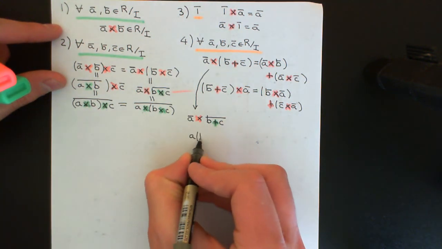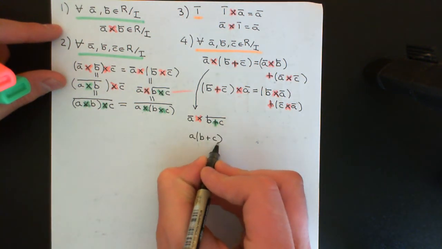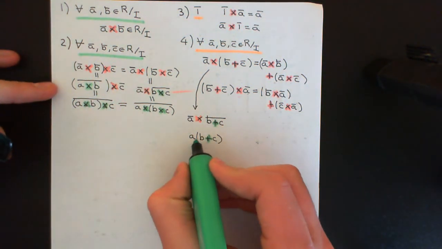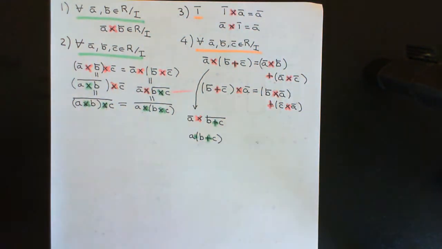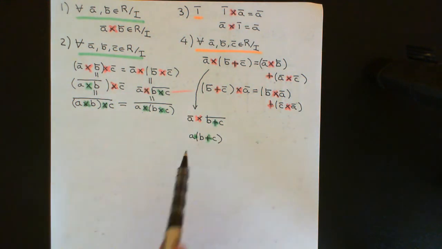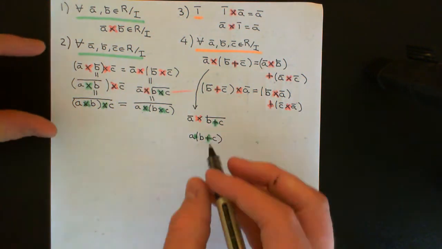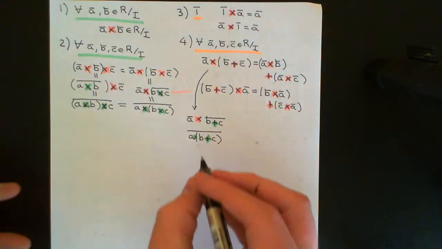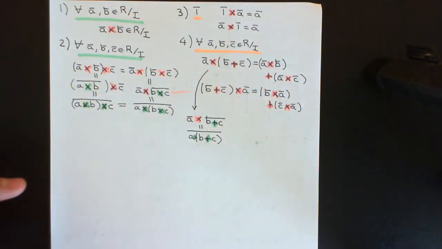So the final thing we'll end up with is a times b plus c, where the addition here is done in the initial ring, and the multiplication there, although I haven't written the symbol explicitly, I'll put a blob there to show that that's multiplication. That multiplication is also done in the initial ring, and we'll take the coset that contains that answer. Okay, so this is our final answer here.